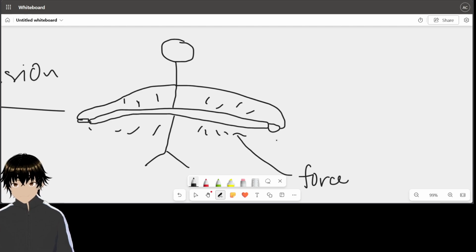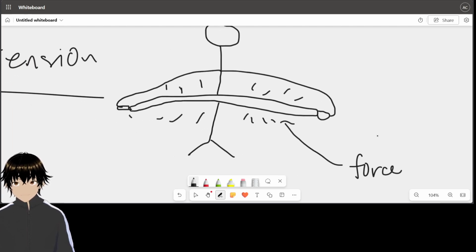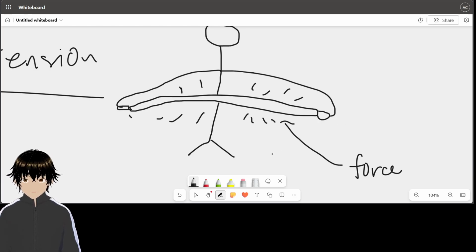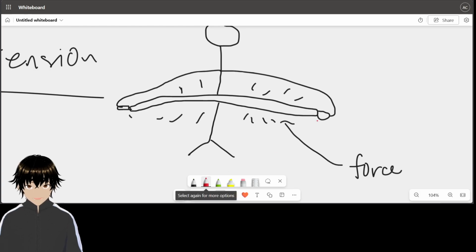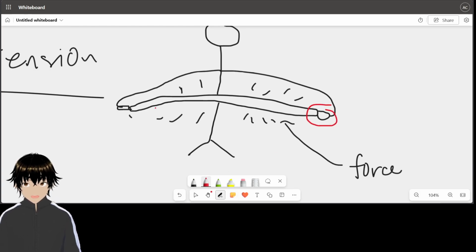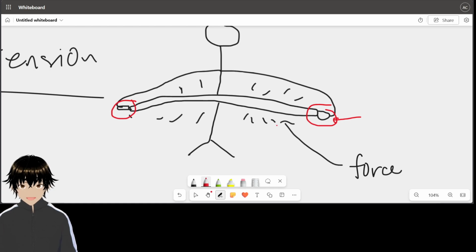But at its endpoints right here, what I mean by endpoints is where the handles of the jump rope are, these, I believe, do not experience any force from these points.